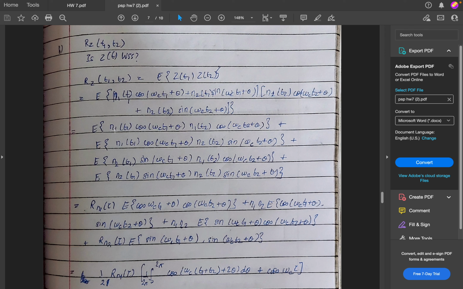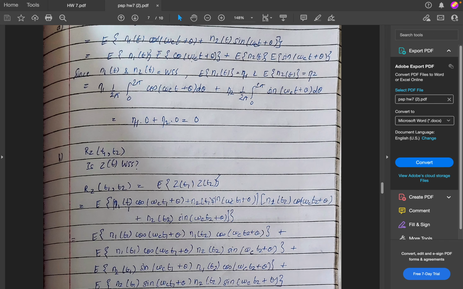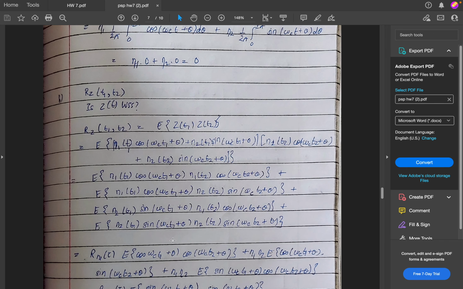Now for the first term, n1(t1) times n1(t2) can be written as Rn1(τ), since we know it can be written in this form. For the second term, n1(t1) times n2(t2) can be written as η1 and η2, because the expected values of these are constant, as we saw from here.